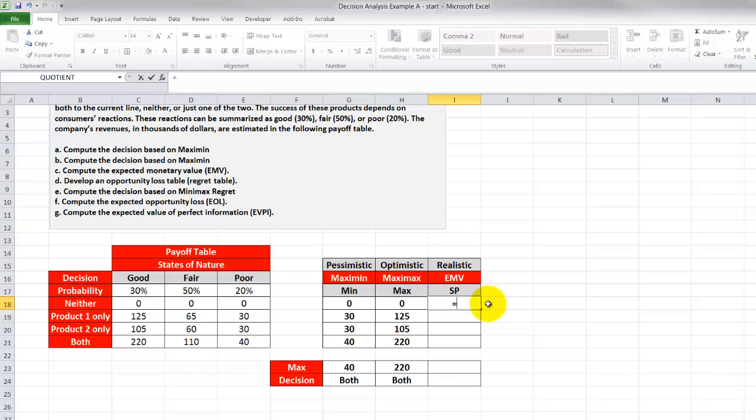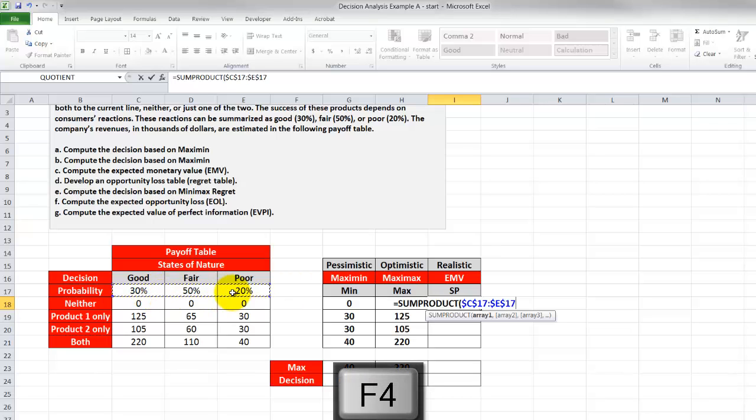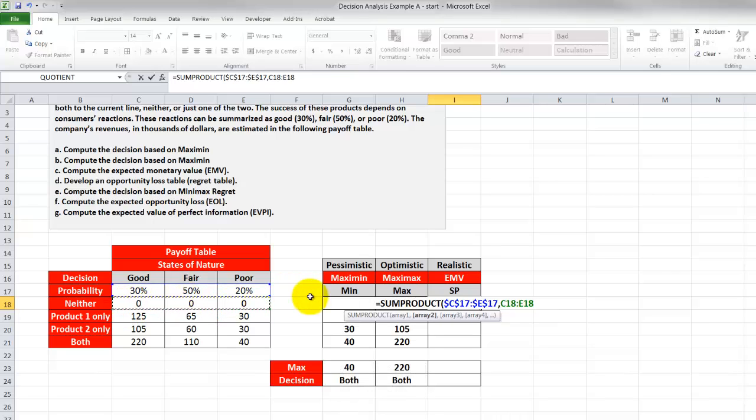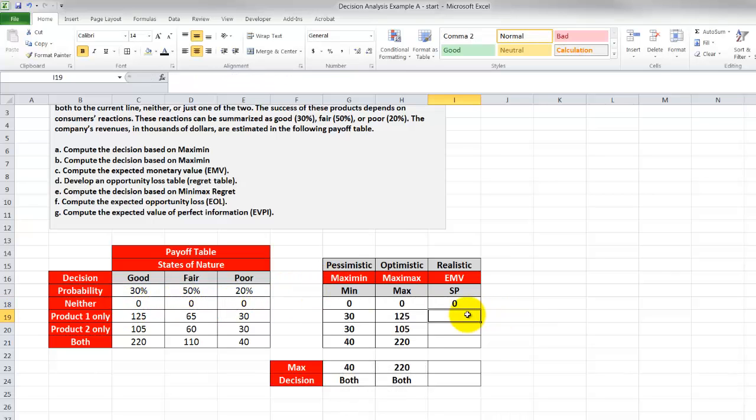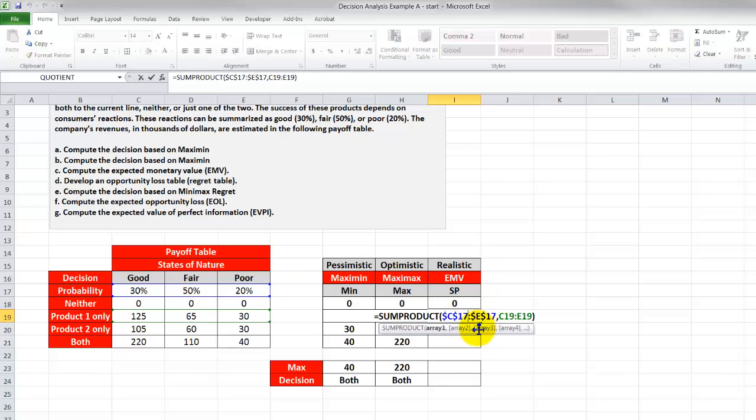So that's going to be a sum product of the probabilities. We can lock those in, comma, and then the individual payoffs. Of course, for this one, it's going to be equal to 0. No surprise. But what about the next one? The next one has an expected payoff of 76 based on the calculation of 30% times 125, 50% times 65, and 20% times 30.